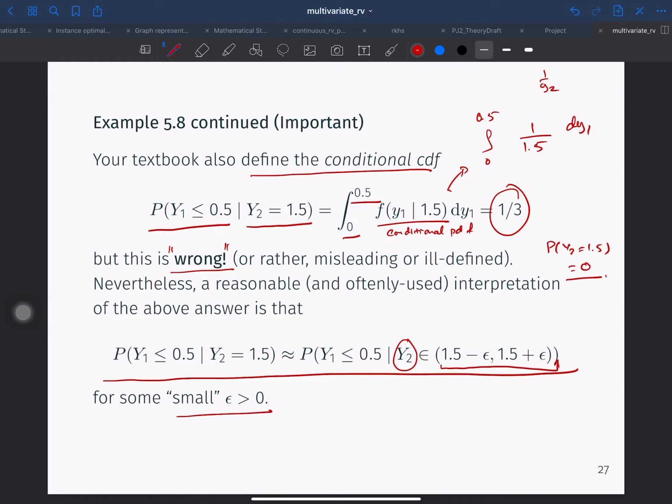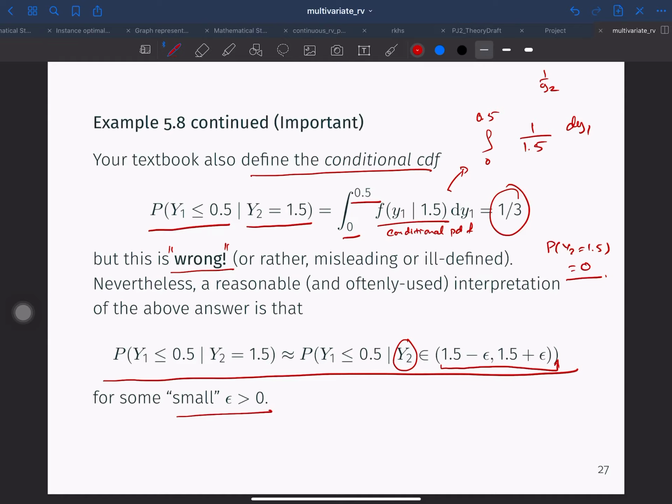So this is where I have to just mention a few things. Technically speaking, this notion of conditional PDF is maybe a little bit confusing because you always have to remember that the probability of such an event is always 0.